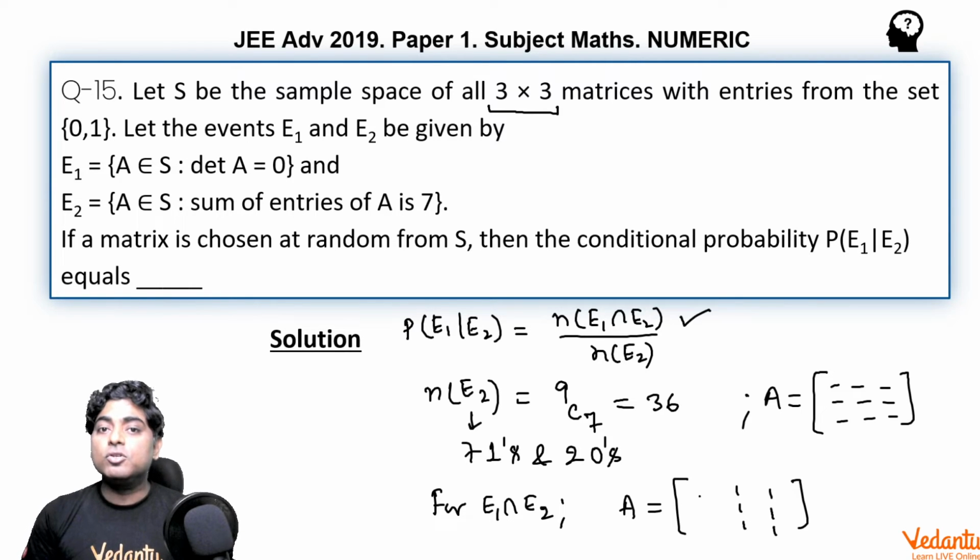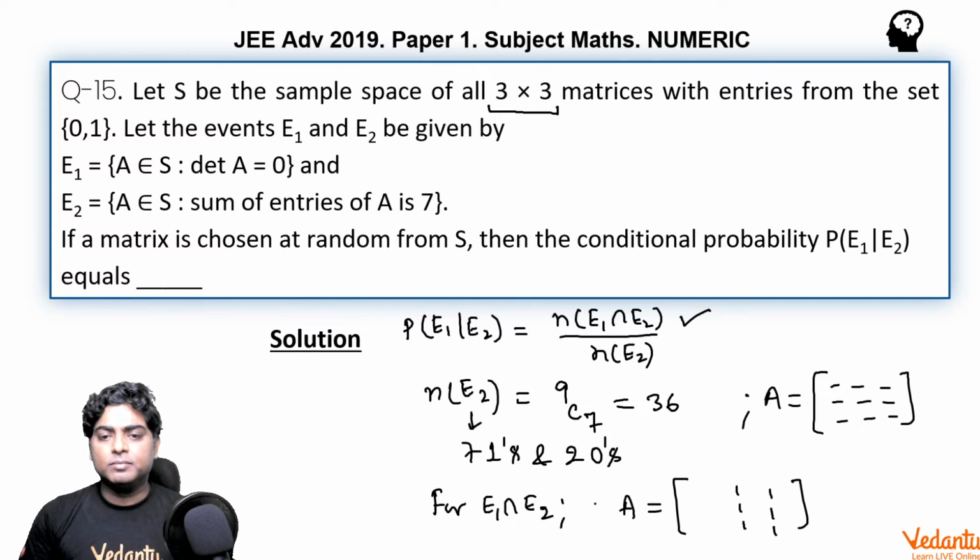So the two zeros must be kept in the same row or same column, so that apart from that particular row or column in which the two zeros are placed, the remaining two rows or columns would be identical and the determinant value would be 0. So we should think in that way.